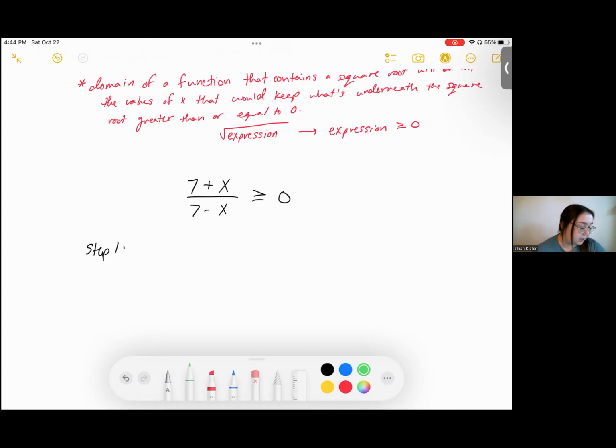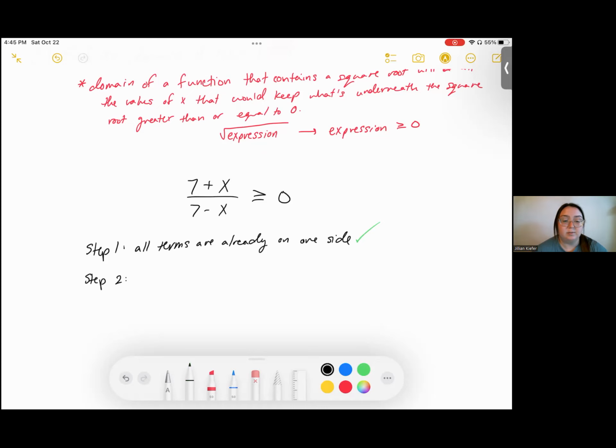So step 1, all terms are already on one side. We can put a little check mark. Step 1 is already done, so we can move on to step 2.